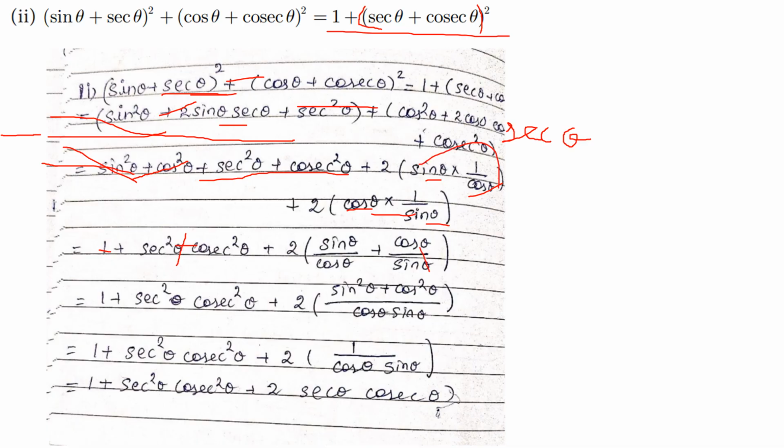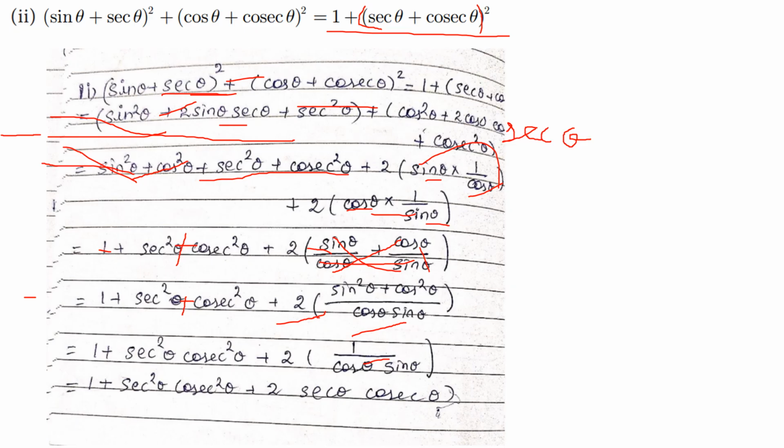So 1 plus secant squared theta plus cosecant squared theta plus 2 by, here the LCM, cos theta sin theta, write it in the denominator, and cross multiply: sin theta into sin theta is sin squared theta, cos theta into cos theta is cos squared theta.